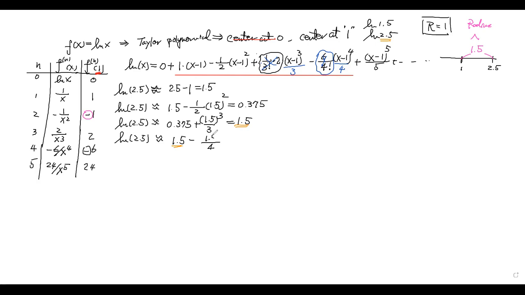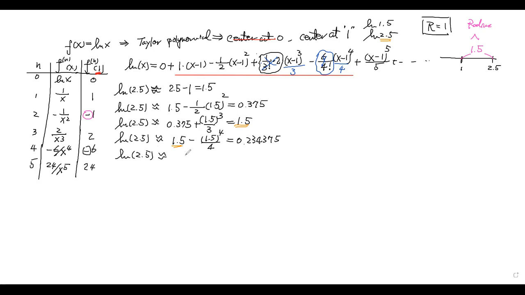So this is 1.5 to the fourth power, and then you will get 0.234375. Let's take a look at one more term, see what happens here. Obviously, I did not see any consistent pattern or convergence, right?